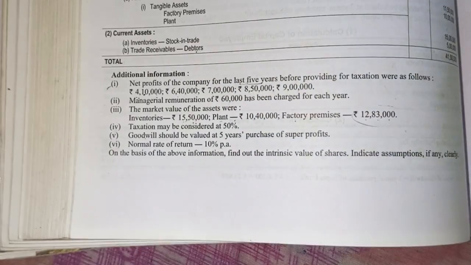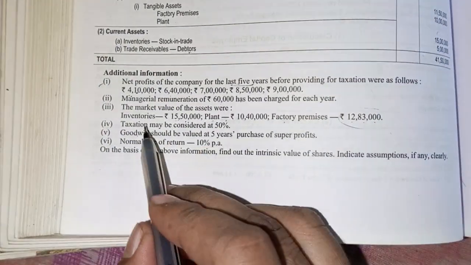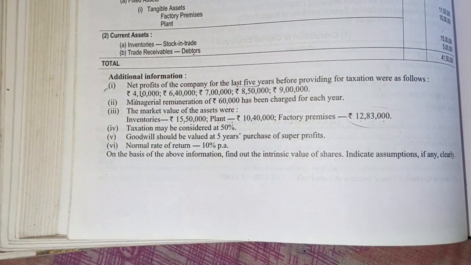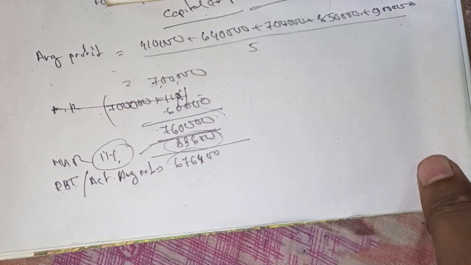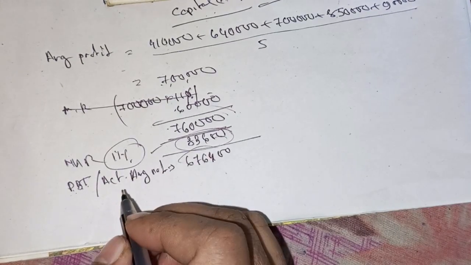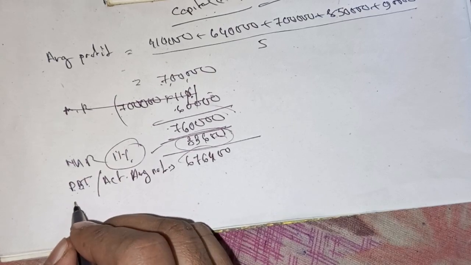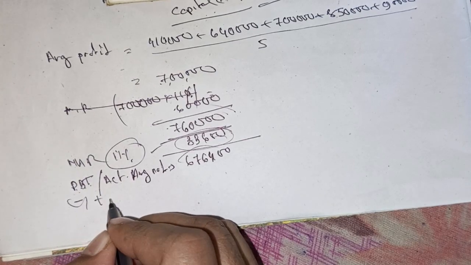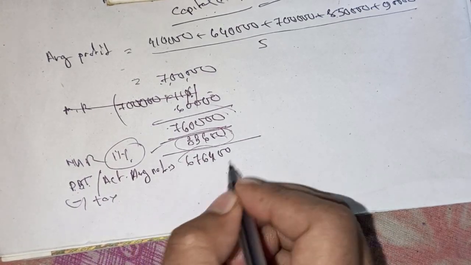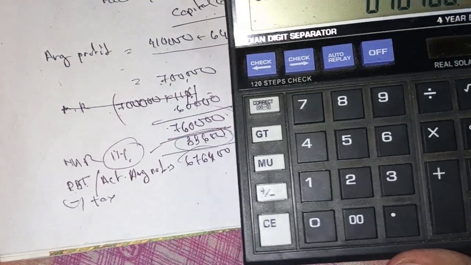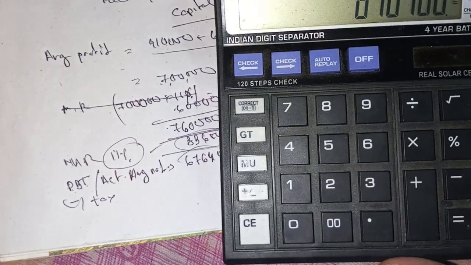In the additional information you can see that taxation may be considered at 50%. So I am going to pay tax of 50% of this amount, 6,76,400.